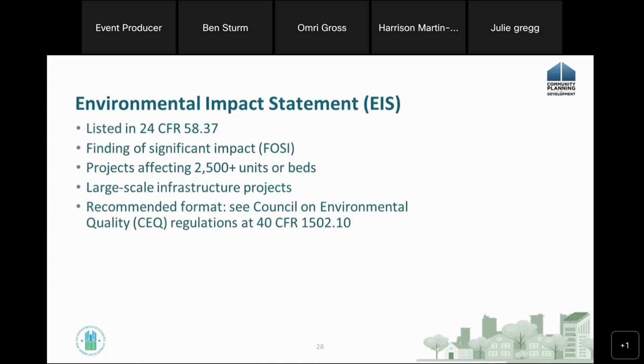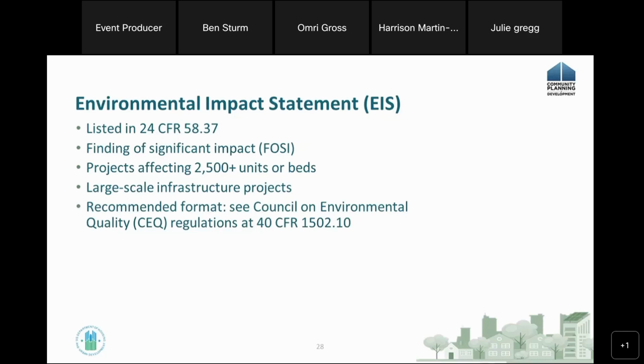Finally, the highest level environmental review is the Environmental Impact Statement, or EIS. EISs are required for major federal actions having significant impact on the human environment. These are generally very, very large actions beyond the scope of a typical HUD project. Or after completing an EA, you determine that the project will have a significant impact.